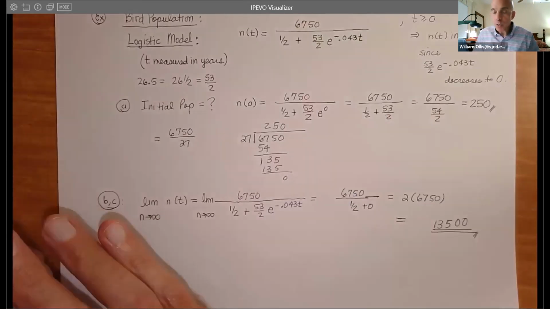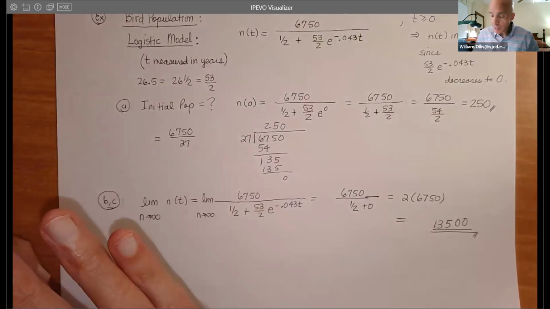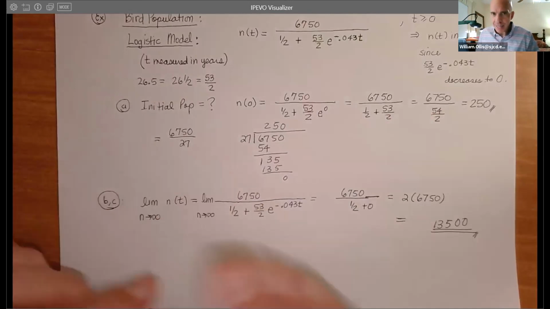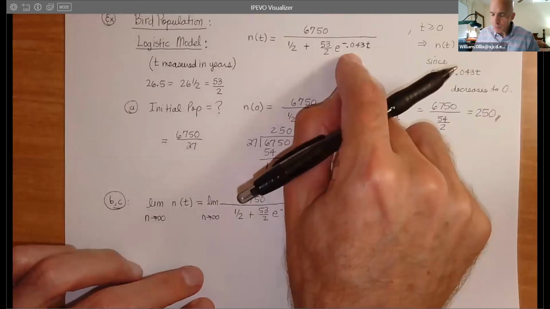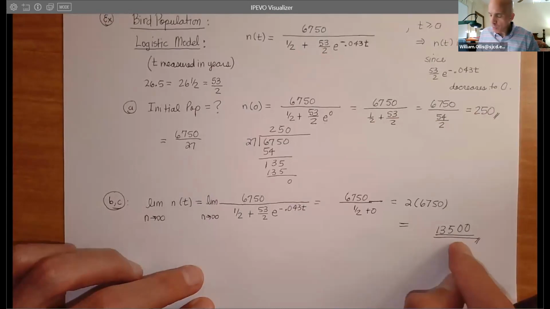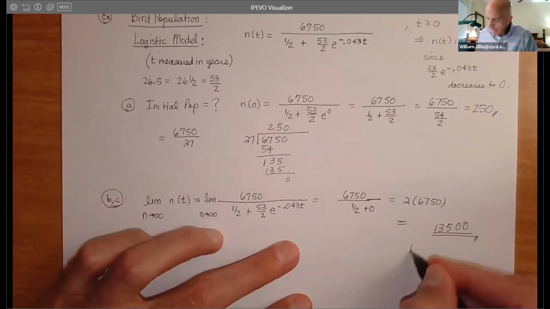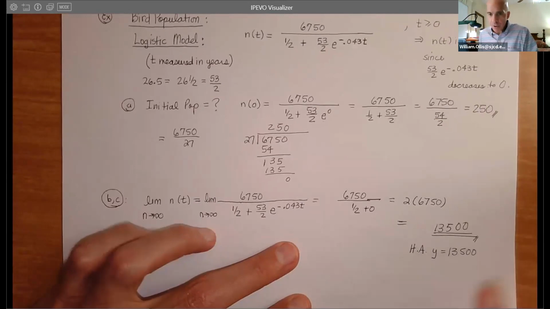And so when you're doing models, your intuition is extremely important because it's going to say, well, yeah, this makes sense because as t approaches infinity, this term converges to 0. So I see that the population can never go beyond this number. So this is actually a horizontal asymptote, that is y equals 13,500. So that's going to be very helpful.